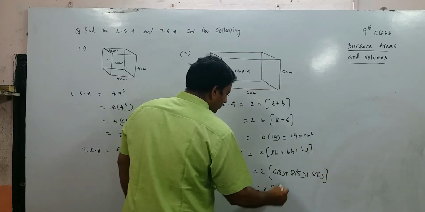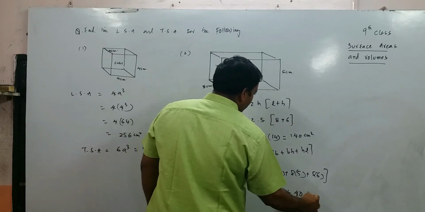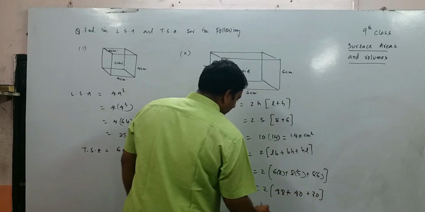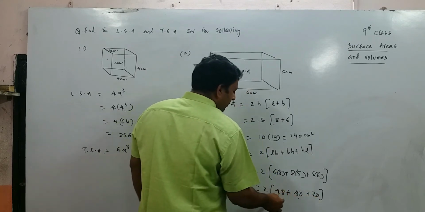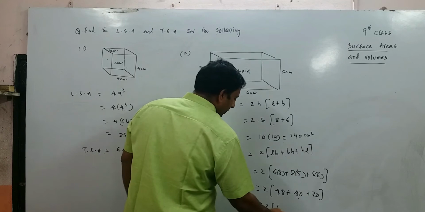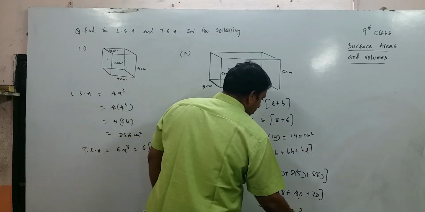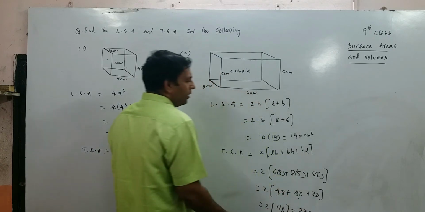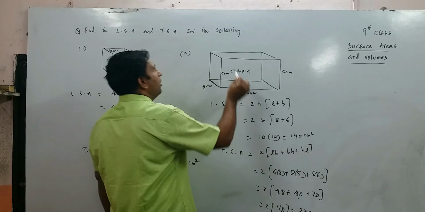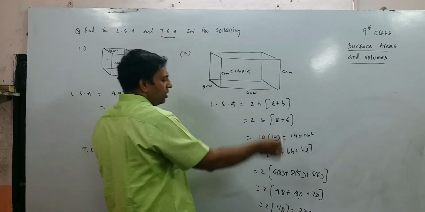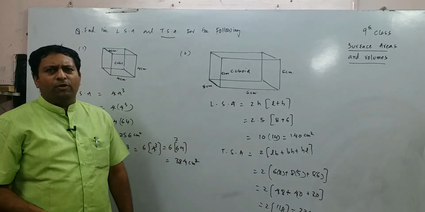So it is 2 into (6 8s are 48, 8 5s are 40, 6 5s are 30). So it is 2 into (40 plus 30, 70). 70 plus 48 is equal to 118. Now if I multiply 2 with 118, it is 236. 236 what? Centimeters square. Believe me, you are dealing with area. So for areas you have to always mention square units. So it was a very simple problem for you to understand.